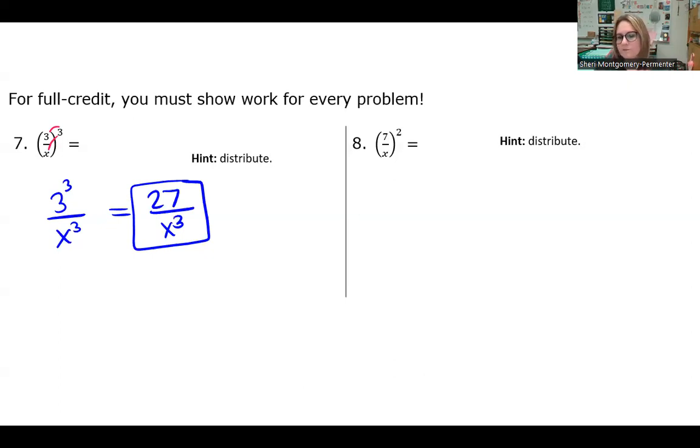For question 8, see if you can do question 8. I'm going to do it up on the board. I believe in you that you can get the right answer.